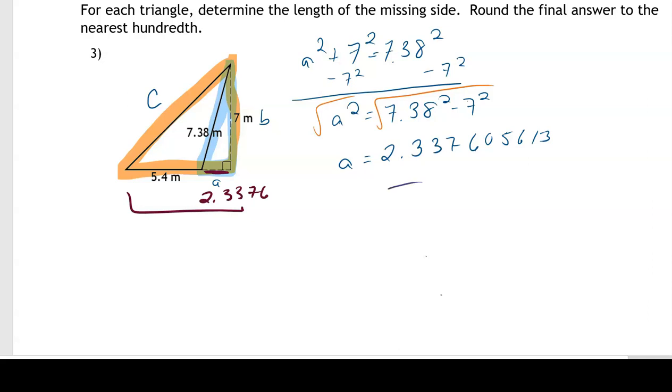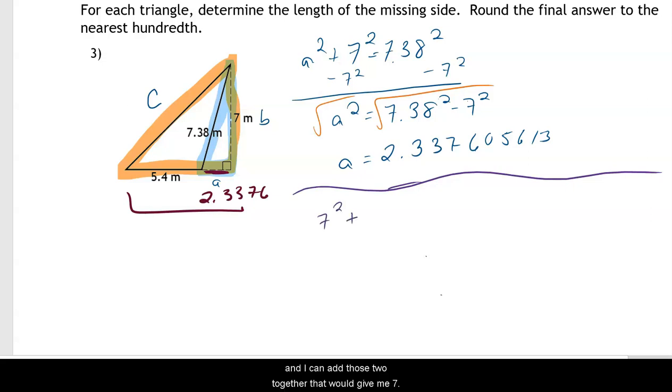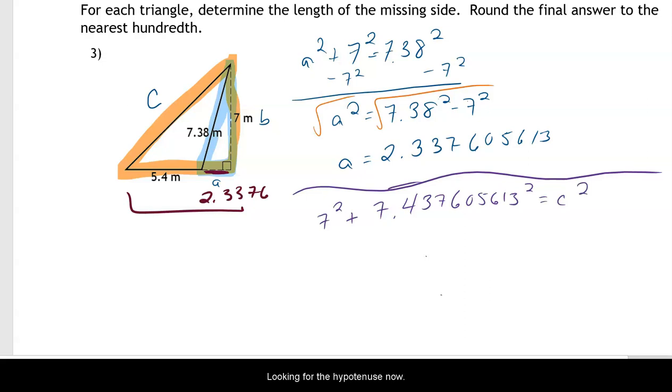So let me draw a line here to kind of separate those. We would have 7 squared plus, and I can add those two together. That would give me 7.437605613 squared equals C squared. So I'm looking for that hypotenuse now.